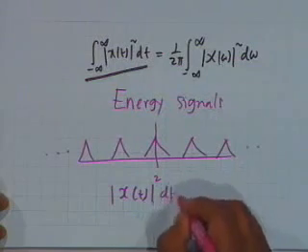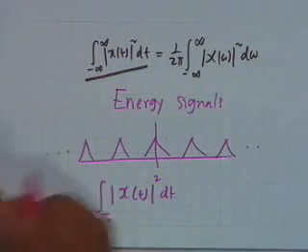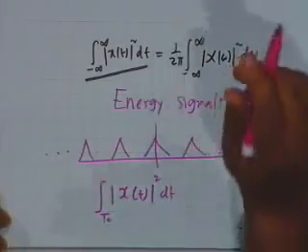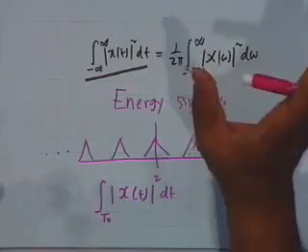This is so in a periodic signal. For example, if we integrate |x(t)|² dt over one period, we are considering a periodic signal now. A periodic signal is a power signal because the power is bounded, whereas an aperiodic signal may be an energy signal, may not be an energy signal.